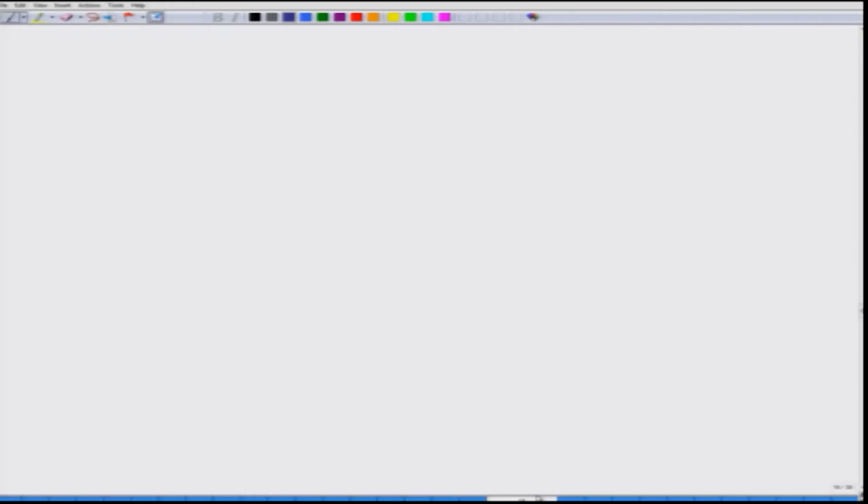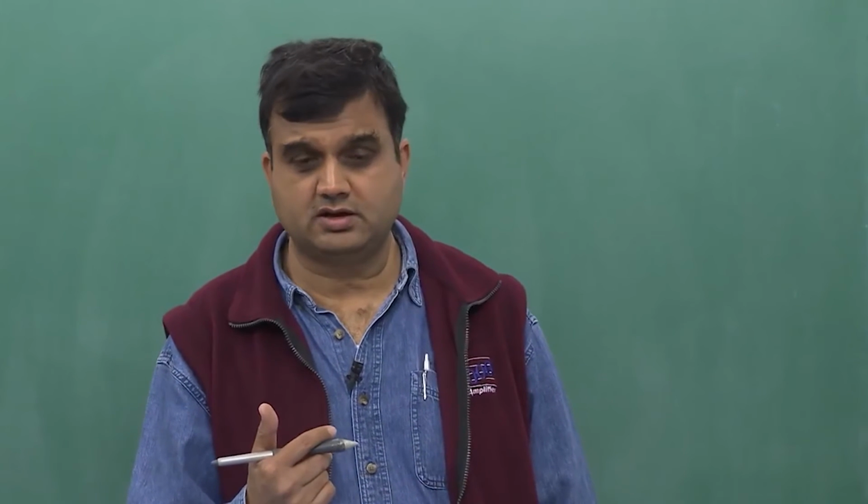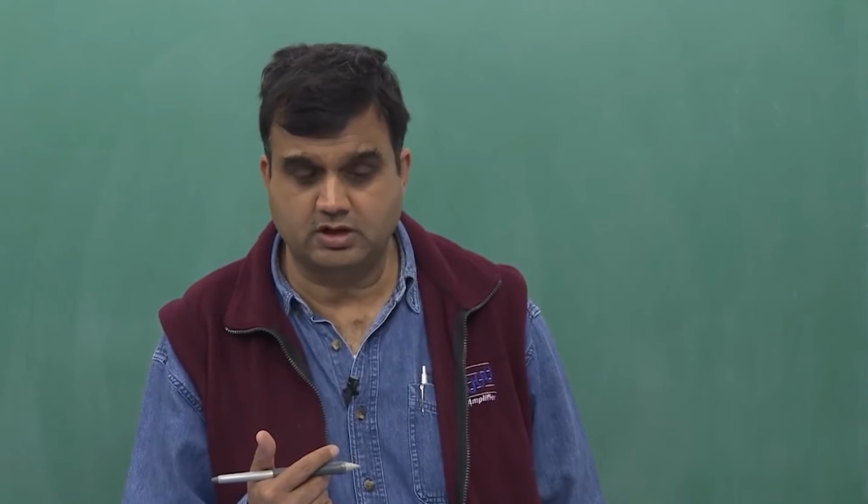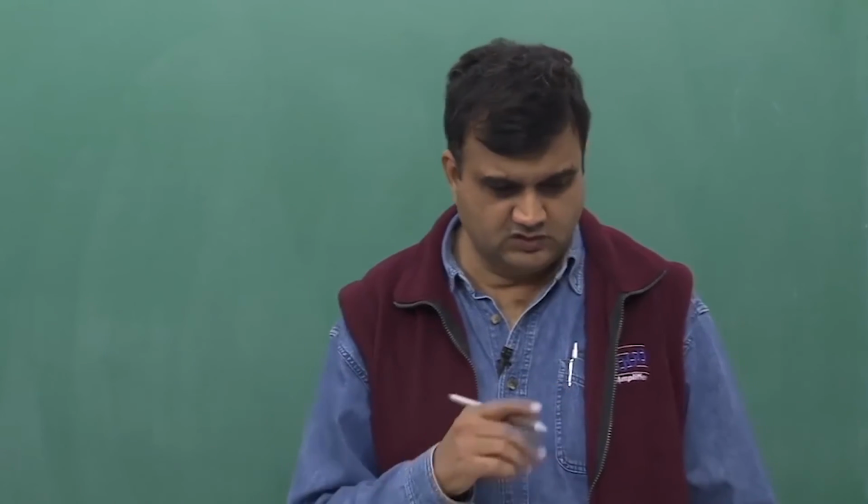So, we will do an example. So, this is which formulation? The Rayleigh-Ritz formulation. The main thing about the Rayleigh-Ritz formulation is that it uses the weak form, and here the choice of weight function is the same as the choice of polynomial approximation functions.